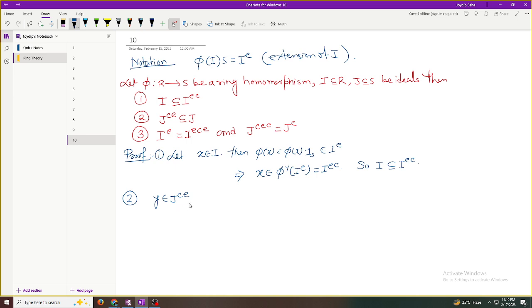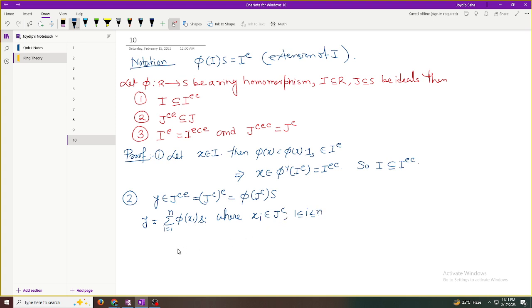What is J contraction extension? It equals phi of J contraction times S. So there exist x1, x2, ..., xn such that y can be written as the summation of phi xi si, i equals 1 to n, where xi belongs to J contraction, 1 less than or equal to i less than or equal to n.